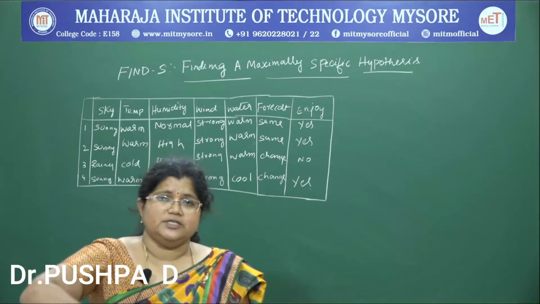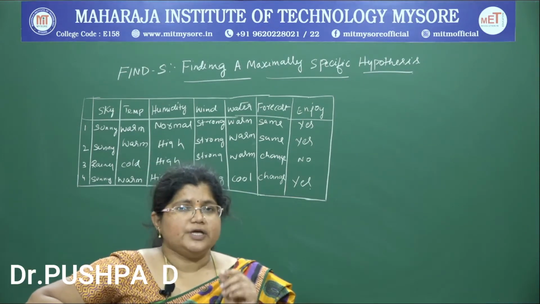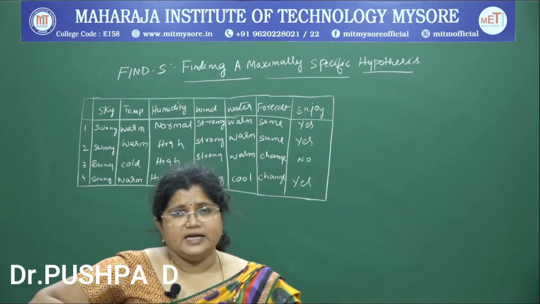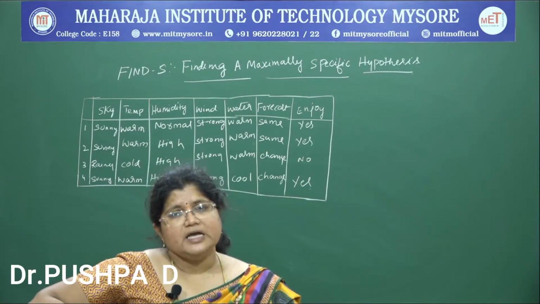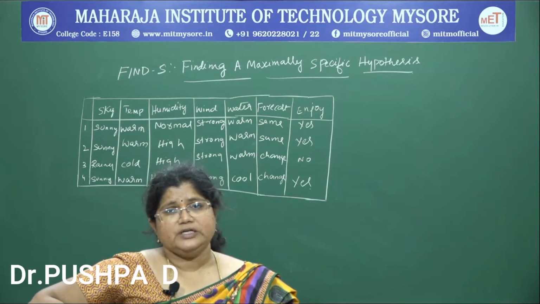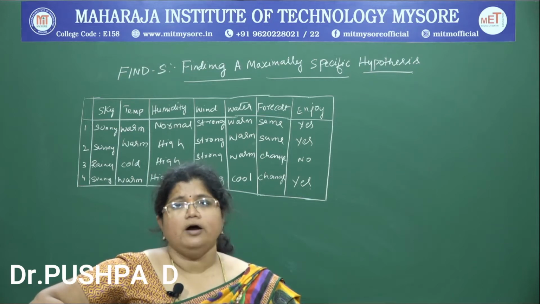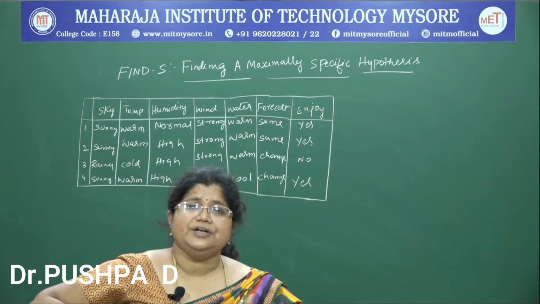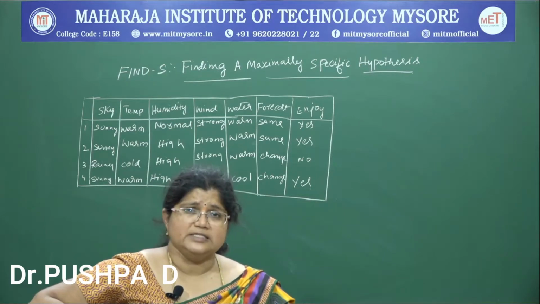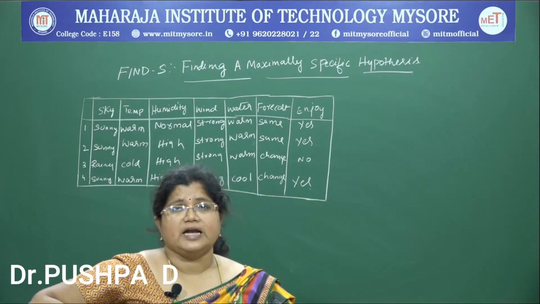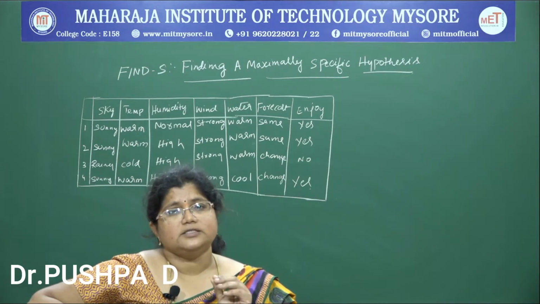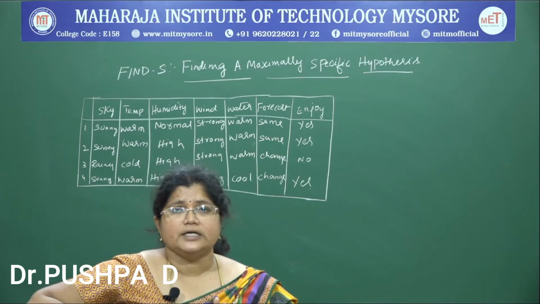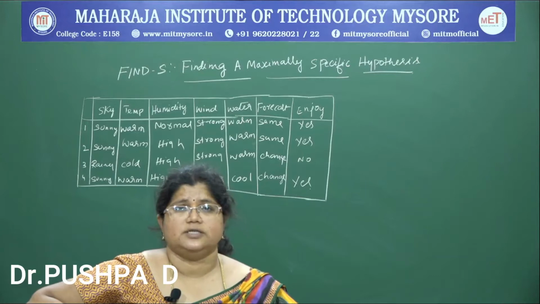We generate a hypothesis that must be consistent with the training examples or instances, so that it can classify a training example into a proper class, or specify a proper target for the particular concept.